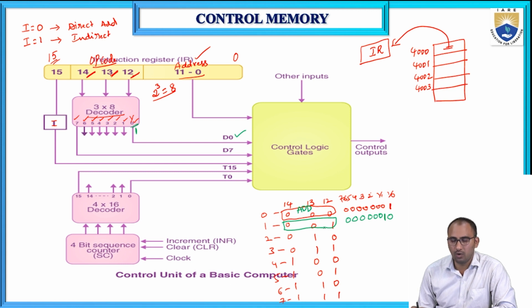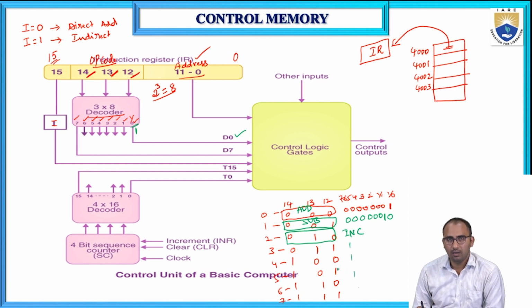Similarly, when 001 is there, it performs subtraction. 010, it performs increment. Like this, in total we can perform 8 different operations. The corresponding control signals will be generated, D0 to D7. Okay, these are the control signals.